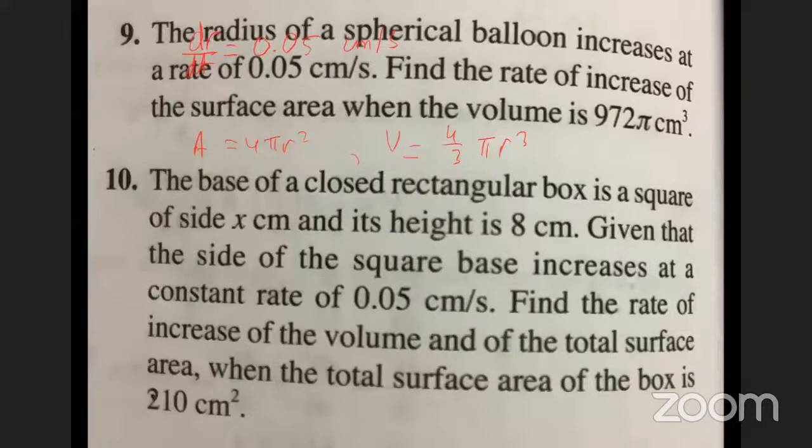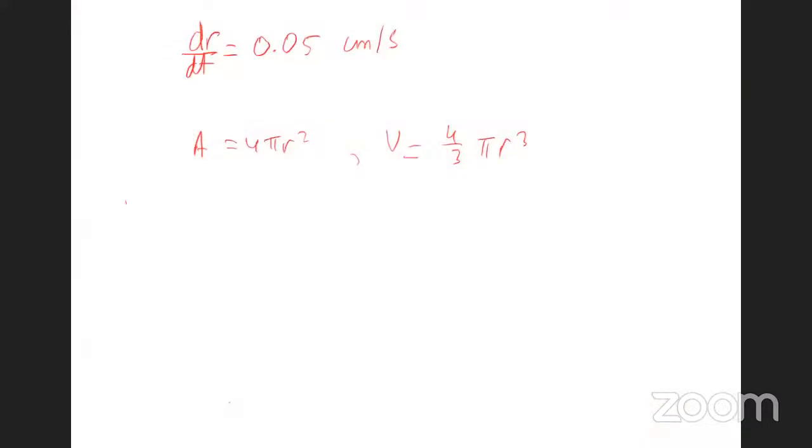They ask you to find the rate of increase of surface area. So they want dA/dt. That'll be dA/dr times dr/dt, because R is the next variable you're working with. You already have dr/dt, so it's just to get dA/dr.